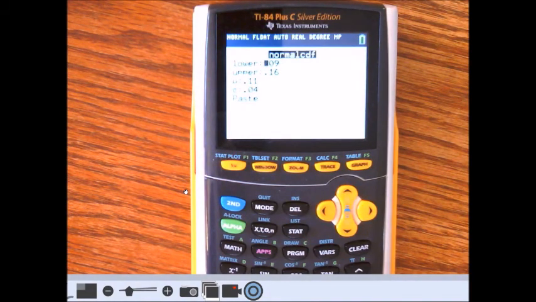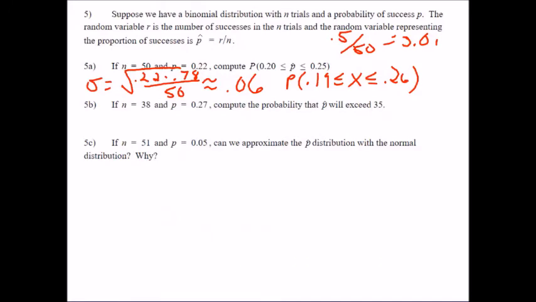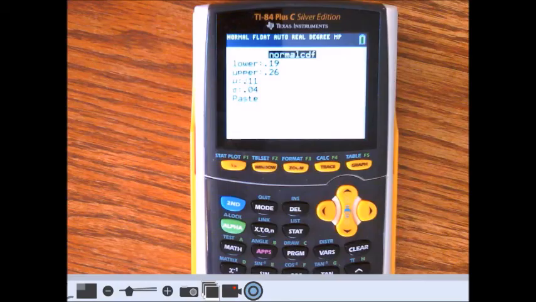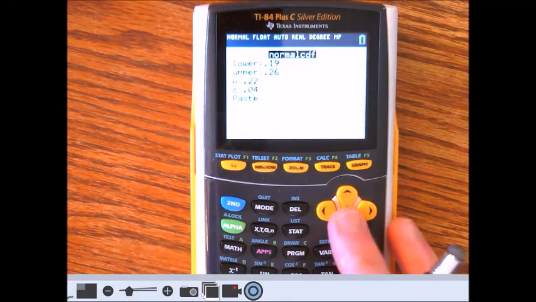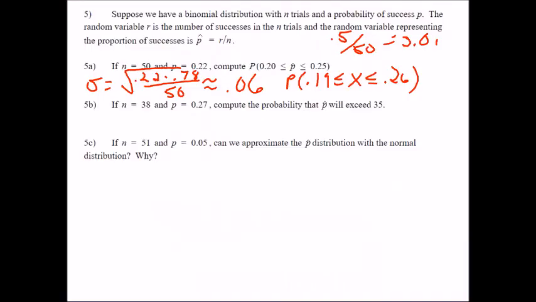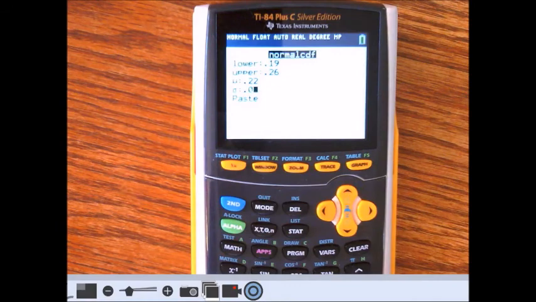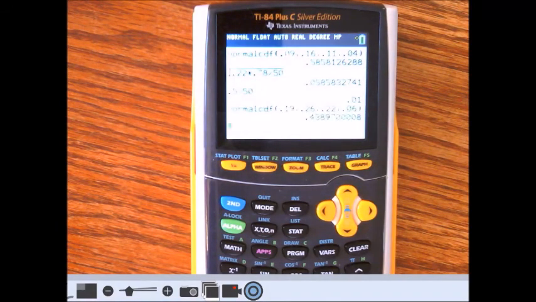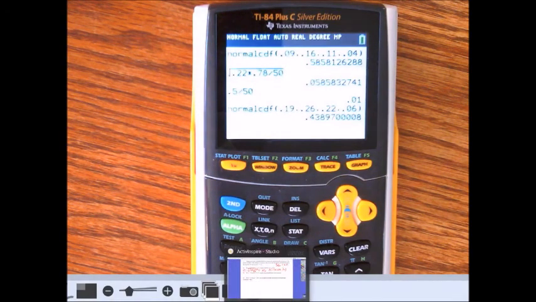The lower was 0.19, upper was 0.26, the mu was 0.22, standard deviation was 0.06. So 0.4389. I guess I should say 0.4390.